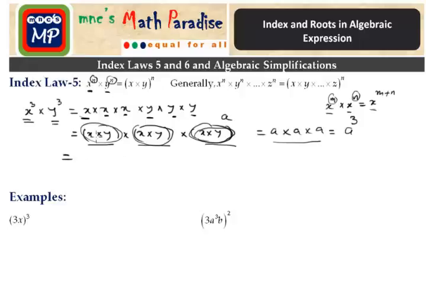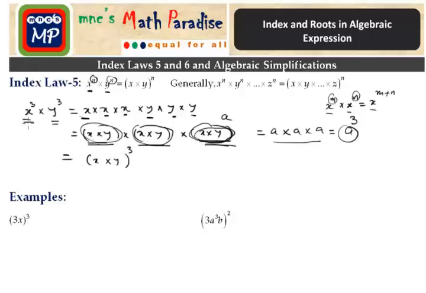So similarly, if we replace this A with x times y, this group multiplies thrice, so the base will be x times y and the power will be 3, like A to the power 3, where A is here x multiplied by y.